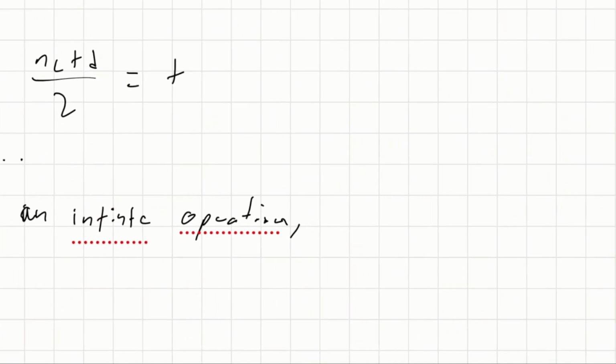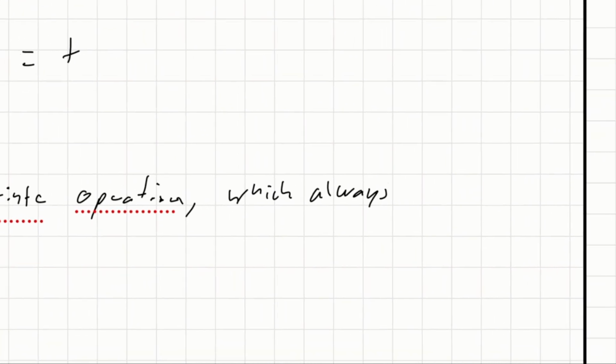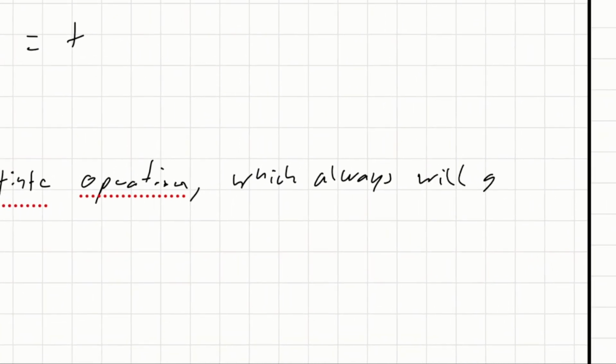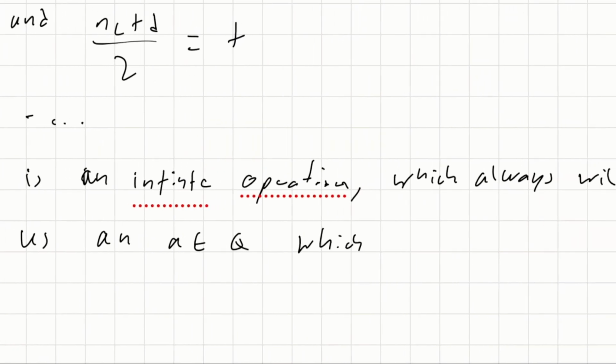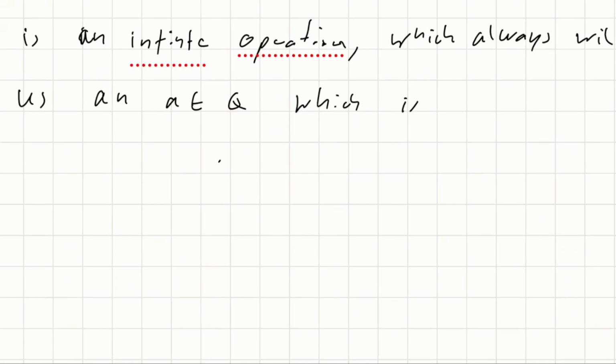That completes the last part, which always will give us a number a with the element of q, where a is bigger than n1 and smaller than n2.